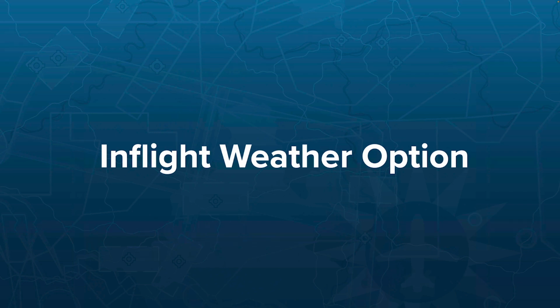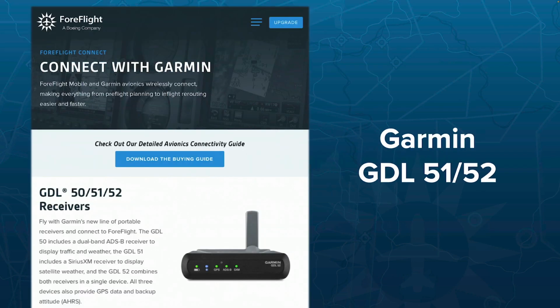In-flight weather in Canada. Let's take a look at what our options are. ForeFlight supports the GDL 50, 51, 52, so a couple of different receivers there. These are great for Canada because they provide XM weather. As most people know, ADS-B weather is not available in Canada on a broad scale.